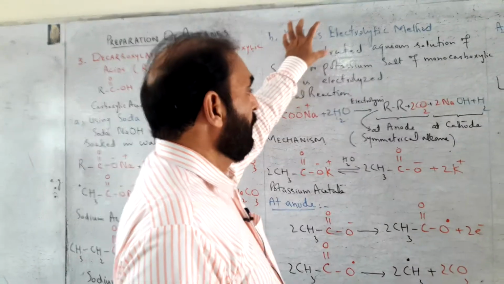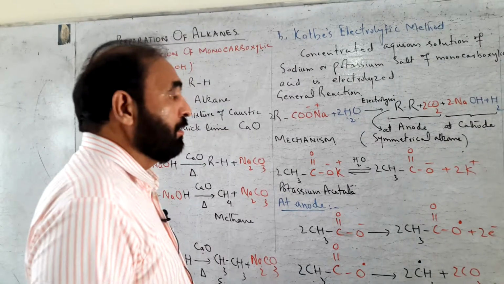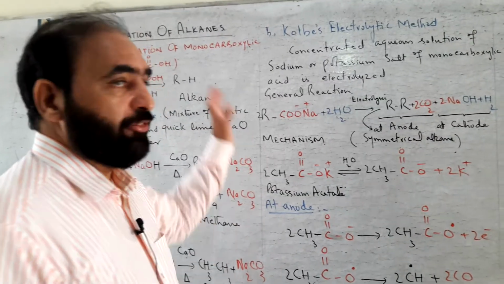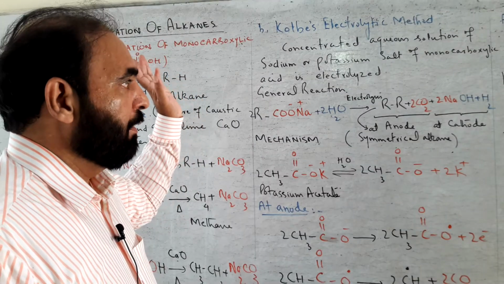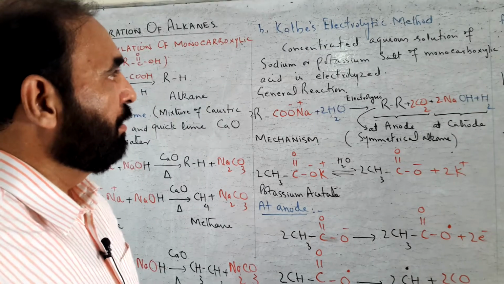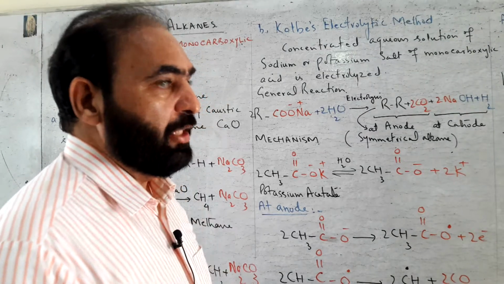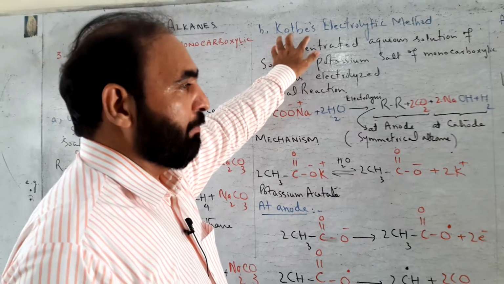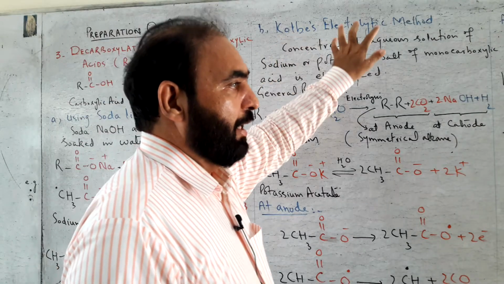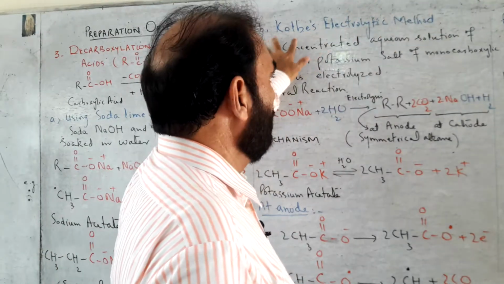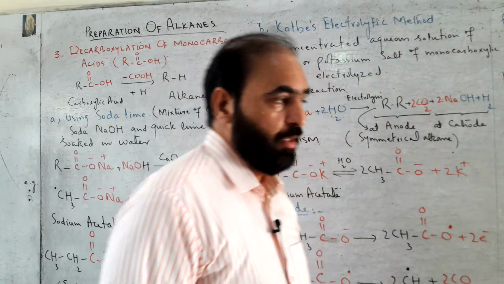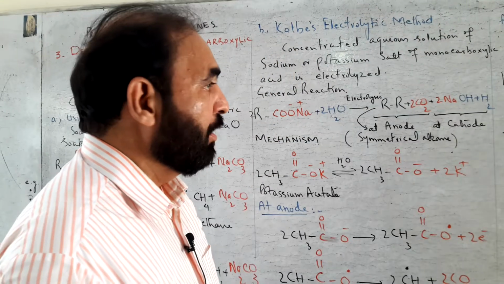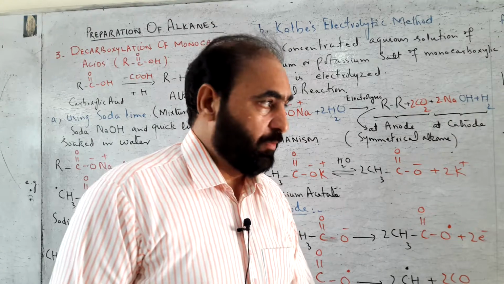Secondly, we can convert a salt of monocarboxylic acid into alkane by an electrolytic method which is given the name Kolbe's electrolysis or Kolbe's electrolytic method. In this method, we perform electrolysis.